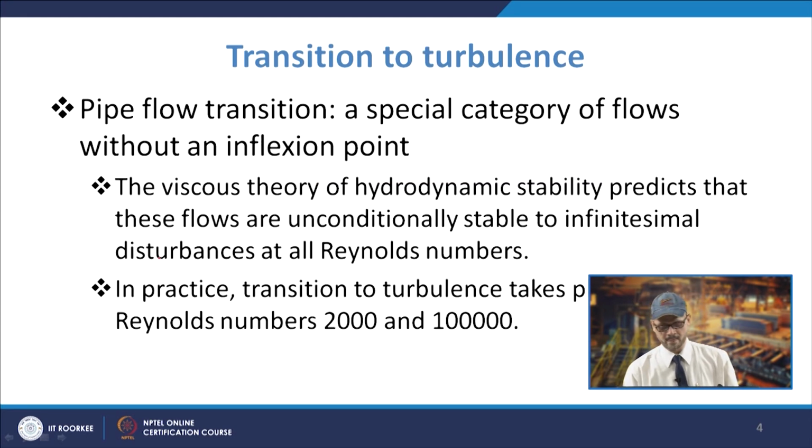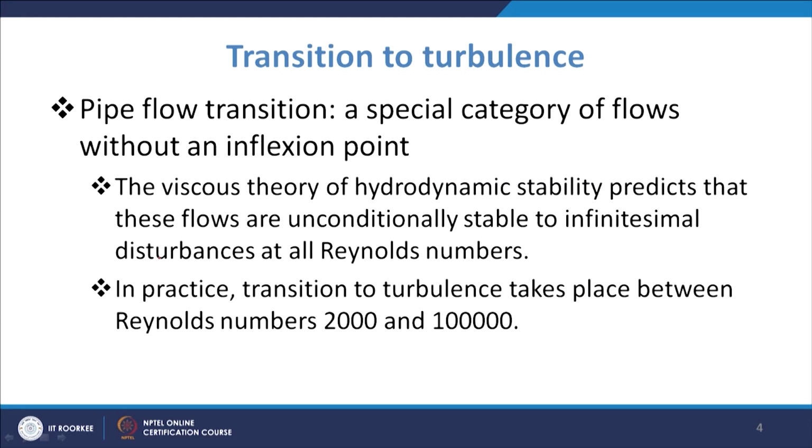For different kinds of flows, the transition takes place in different ways, as we were discussing when we talked about the velocity profile that will be susceptible to different kinds of flows and will create the instability.